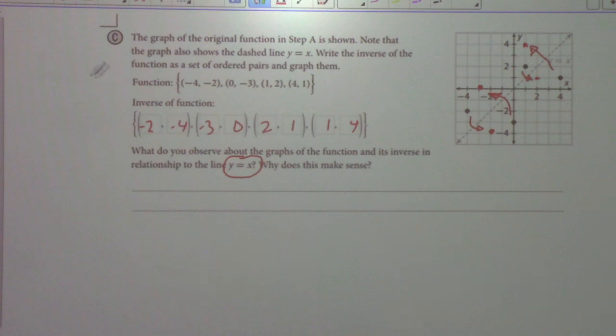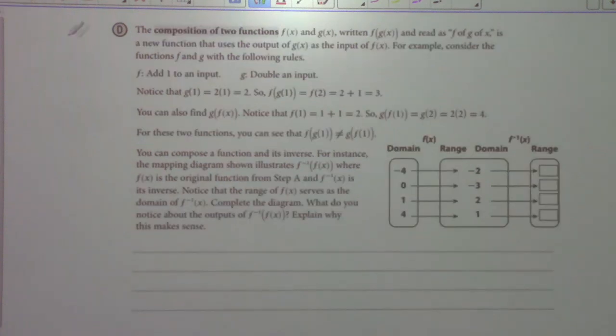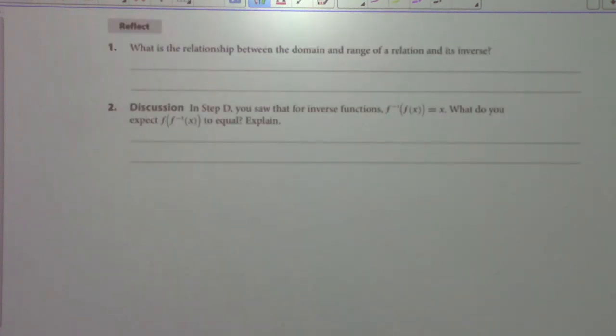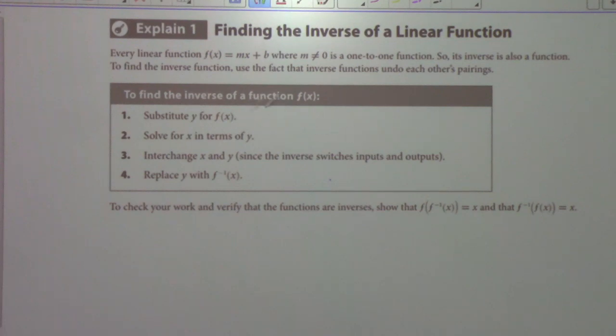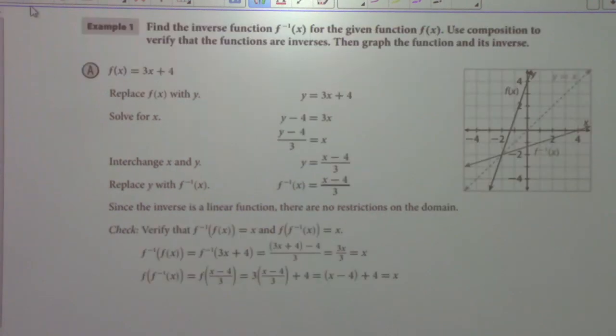Okay, the last thing we're going to look at today is this one right here. The 4-step process of finding inverses of functions. Remember this 4-step process? Step 1, we call this one 2, we call this one 3, we call this one 4. And so we go over here and we have this situation worked out.